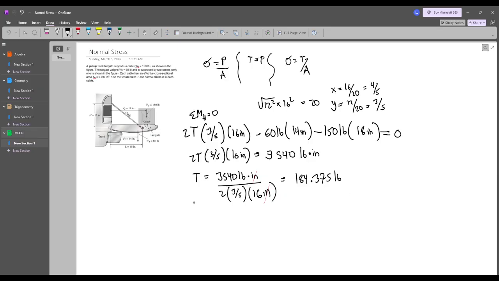Now that we found the tensile force, remember T equals P. We can now solve for the normal stress of each cable, which is just inputting what we have already, and the cross-sectional area.